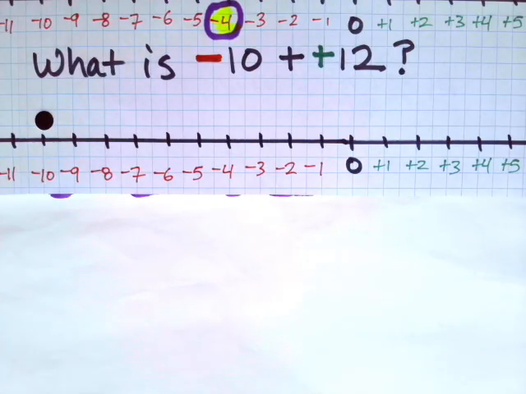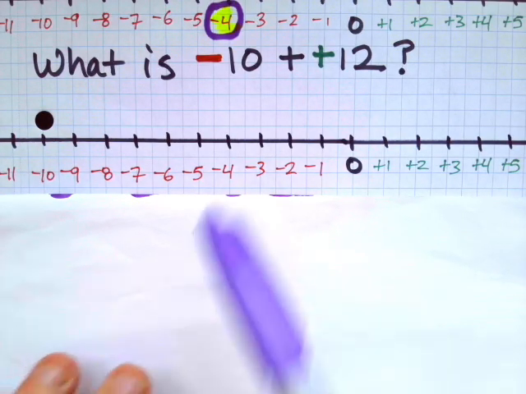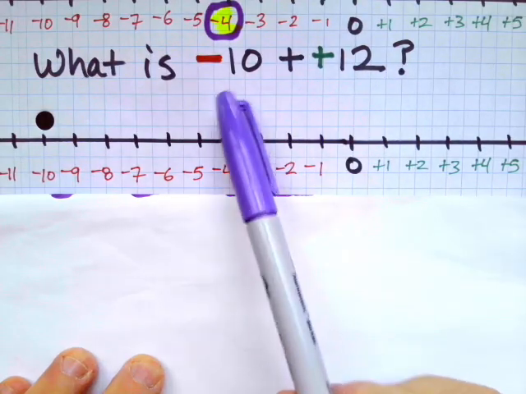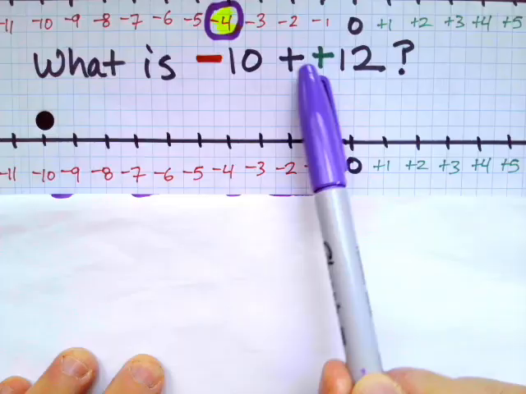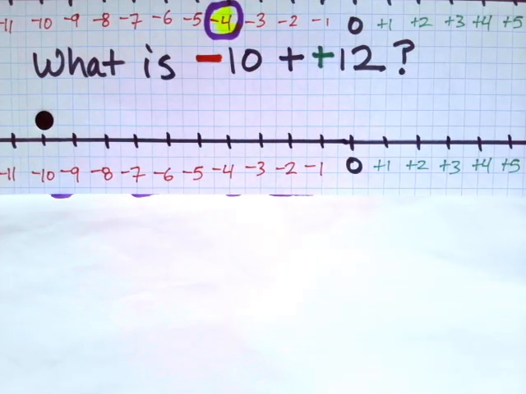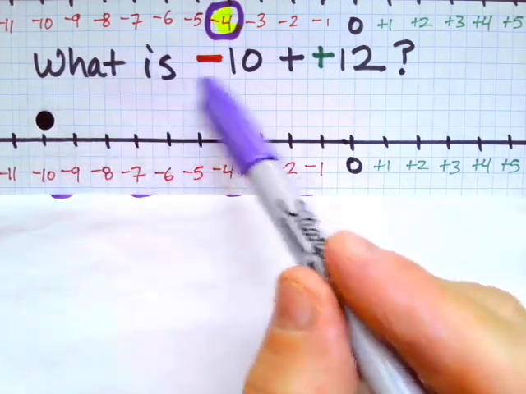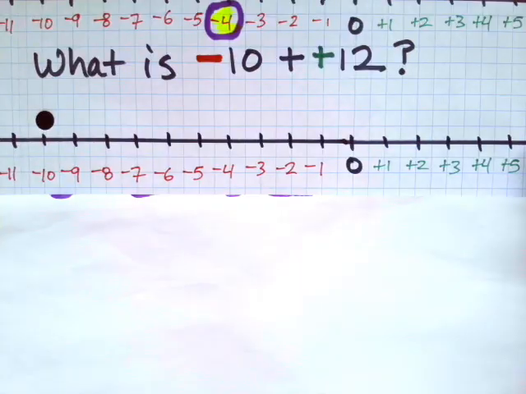Well, it's already in addition mode. We're already adding integers, so here I don't have to do a keep, change, change. Again, keep, change, change just puts it back into an addition problem, making your life a lot easier. Here I can start at negative 10 and go 12 in the positive direction, or I can start at positive 12 and go 10 in the negative direction.